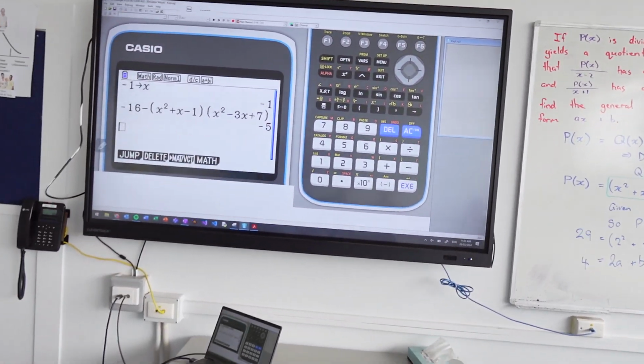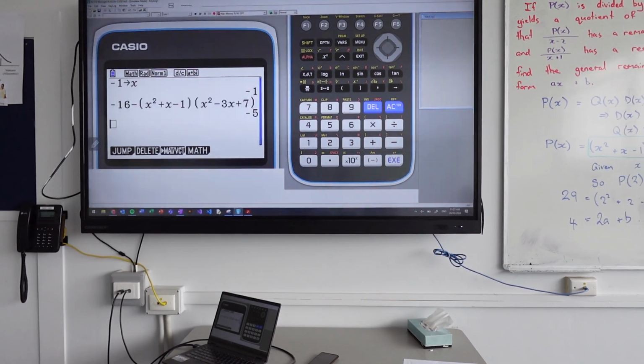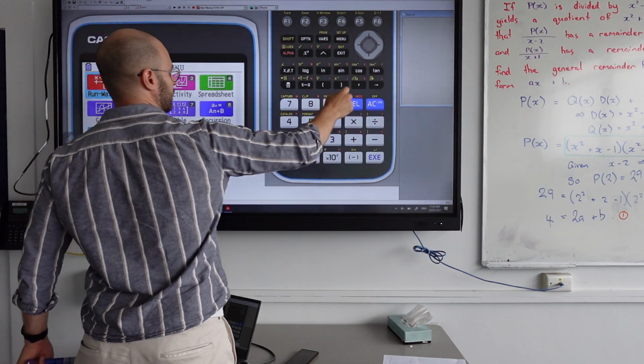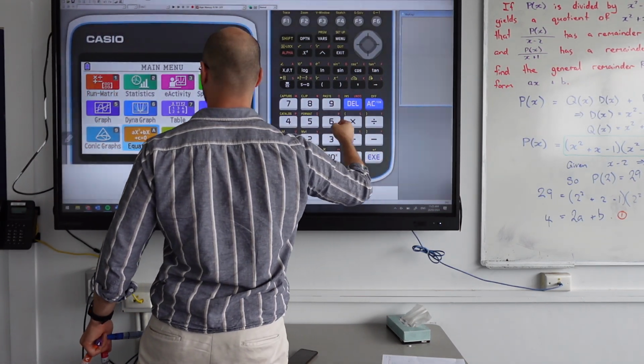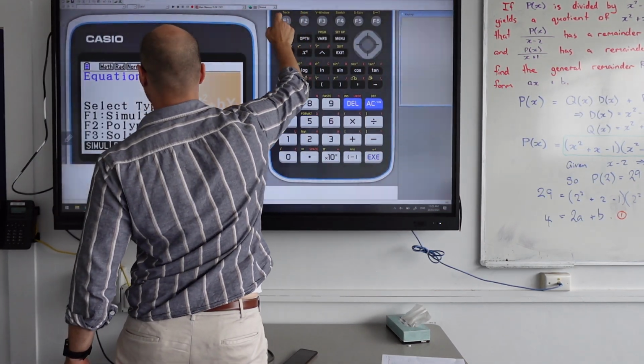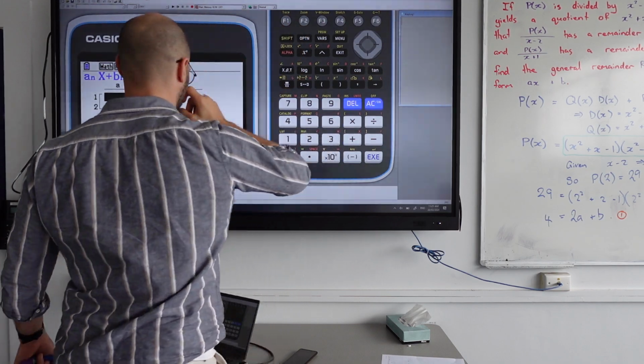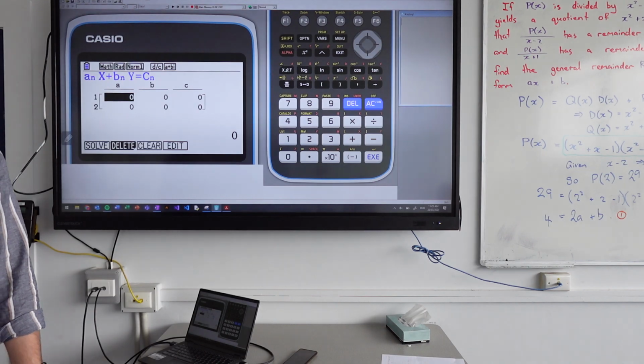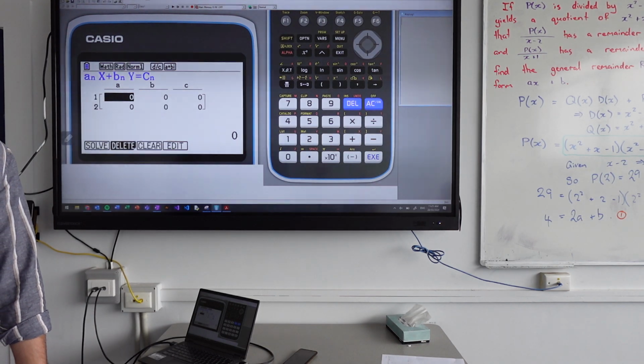So, we go Menu, Solve simultaneously. We have F1, 2 unknowns. And then I input it in general form, so it goes ax plus by equals c.